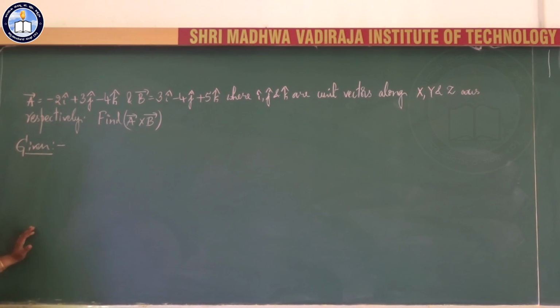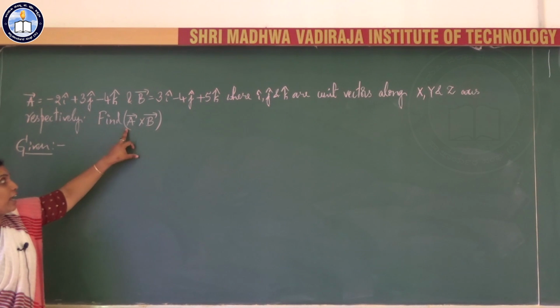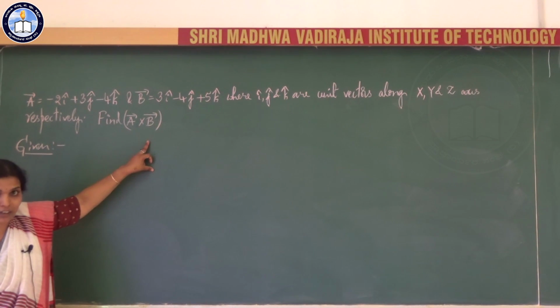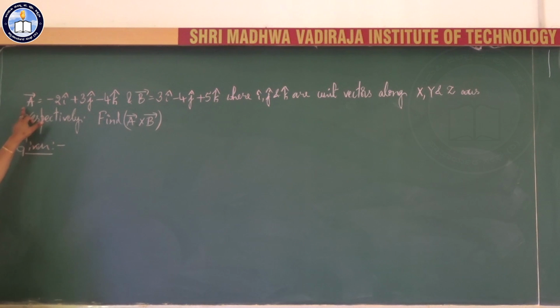Now, here is a problem to calculate A vector cross B vector when A vector and B vector are given in the component forms. What is given?